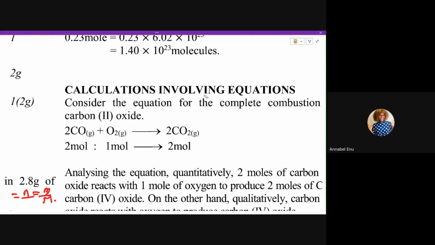Okay. So what if we now have the number of moles of CO2?